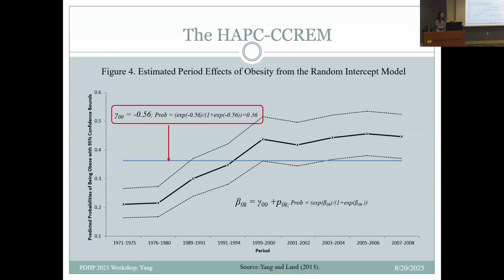You get this from the previous table of estimates, and then you translate them into probability and put them on the graph. So what you see here is a pretty remarkable trend of the obesity epidemic in the US, where we see large increases over time from only 20% all the way to over 40% from 1970 to 2000 and continuing on into the early 2000s.